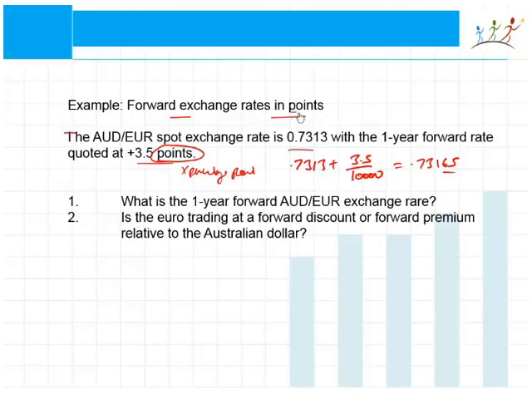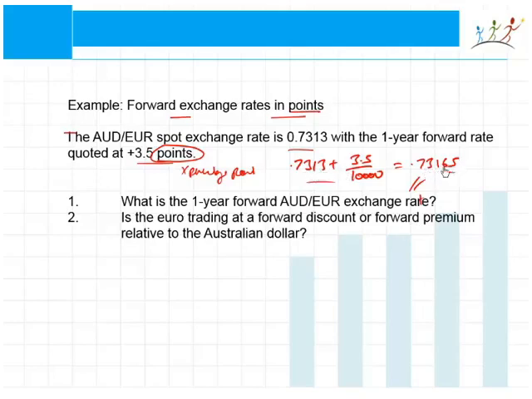So remember the notation. If it is simply points, then just divide by 10,000 and add or subtract whatever the number is. So what is the 1 year forward AUD to Euro exchange rate today? The 1 year forward rate will be 0.73165 as we calculated. Is the euro trading at a forward discount or a forward premium? Please note, 0.73165 is greater than 0.7313.